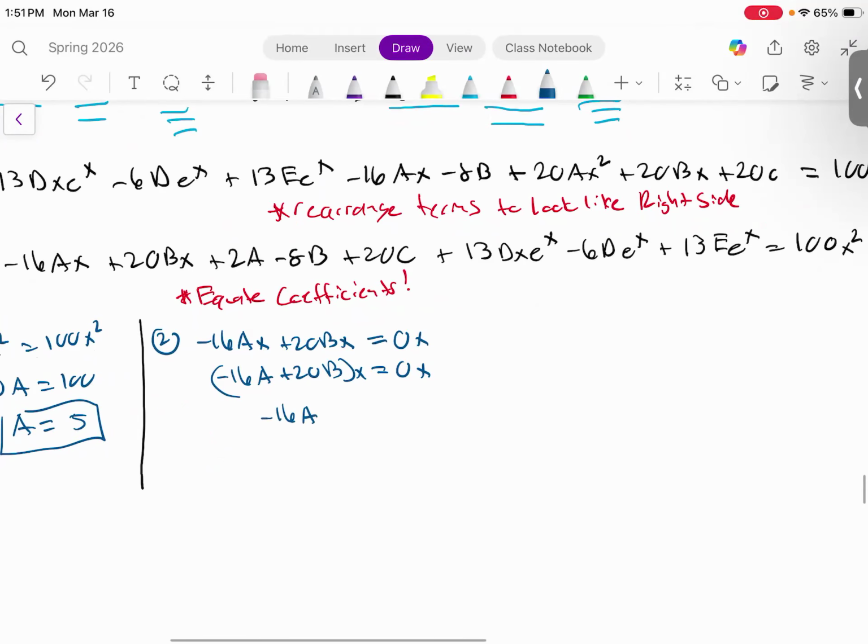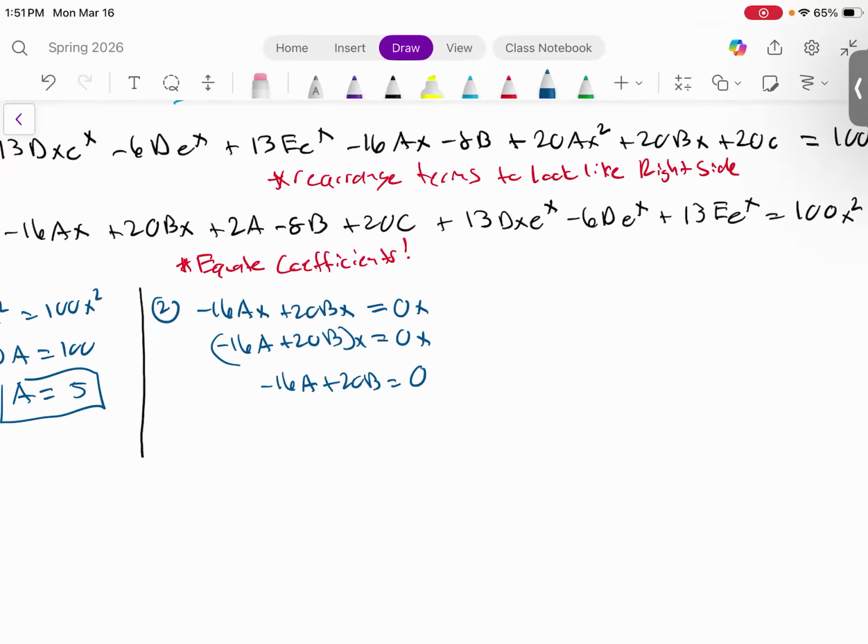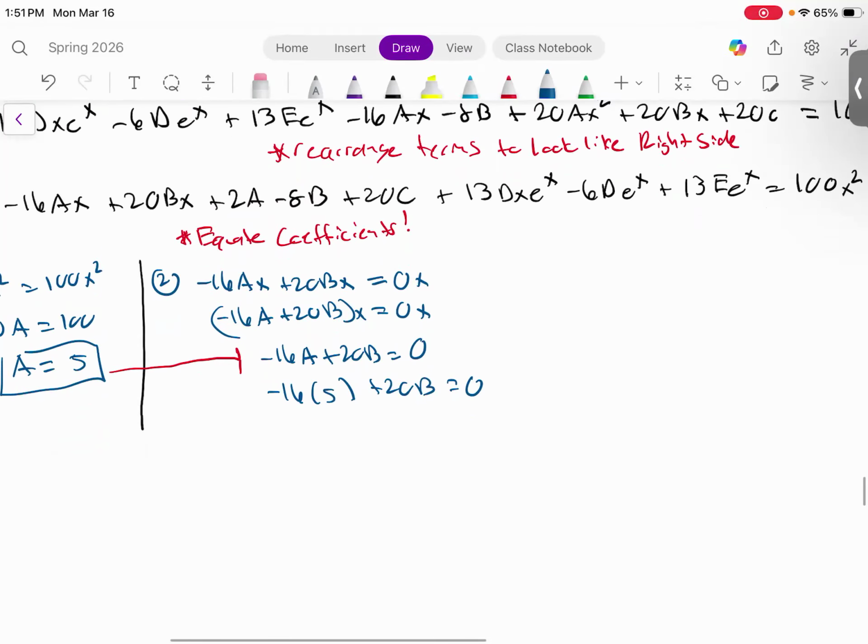So negative 16a plus 20b equals 0. And I know what a is. Just plug that in right here. And what I get is negative 16 times 5 plus 20b equals 0. So this would be negative 80 plus 20b equals 0. And so b would actually end up being 4.